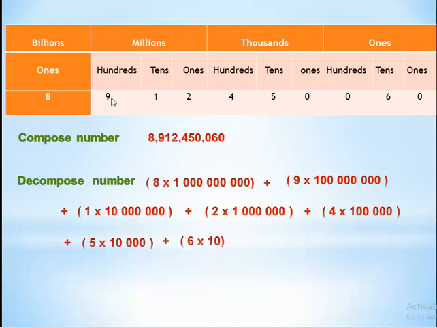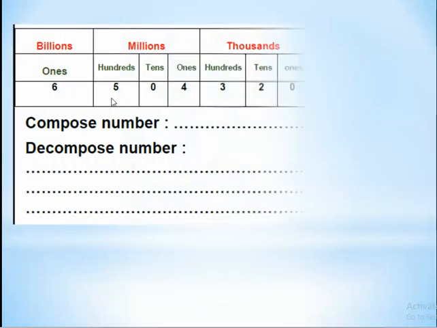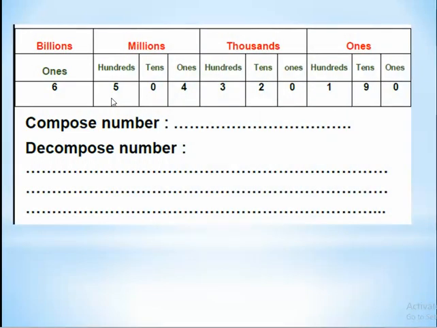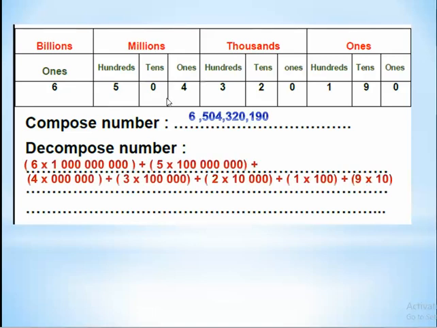0, we are not going to write the zeros. So 6 times 10. Okay, this number, compose the number. We will write together 6,504,000,000 and 320,190.